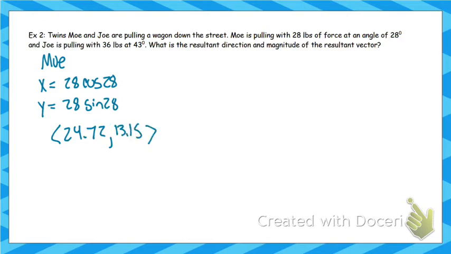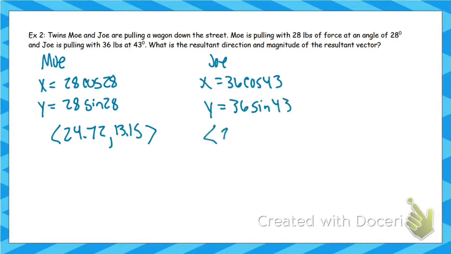All right, now let's figure out Joe. We're going to find his x component: 36 pounds of force, so 36 cosine 43, and 36 sine 43 for the y. Plug those into a calculator: 26.33 for the x component, 24.55 for the y component.